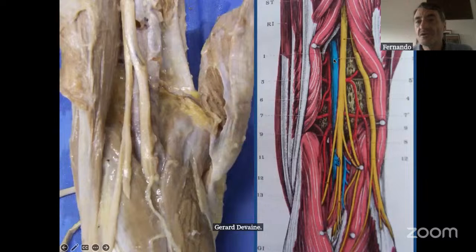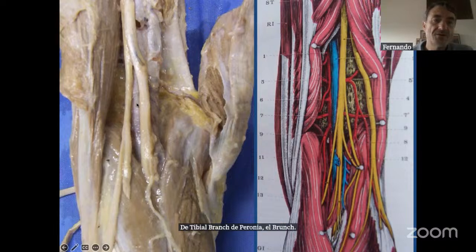We can see here in this anatomical drawing the artery, the vein, and the nerve, and here the sciatic nerve, the tibial branch, the peroneal branch, here the vein, here the artery. Look at the close relationship of the ending of the nerve with the popliteal vein here and the popliteal artery here.